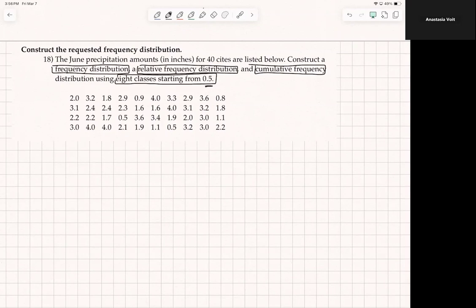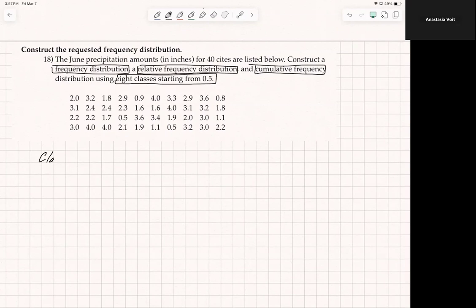Okay. So now let's first figure out what we have as our minimum value and maximum value. Since we said that we need to start from 0.5, that's going to be the lower limit of the first class for our frequency distribution table, right?